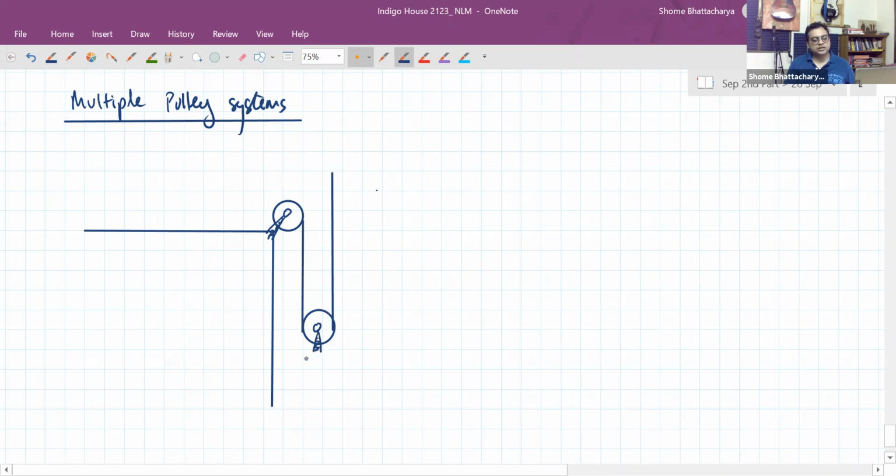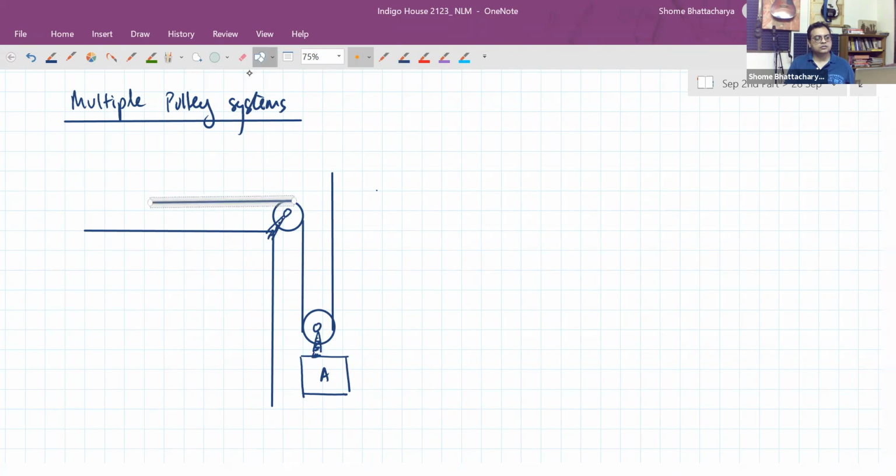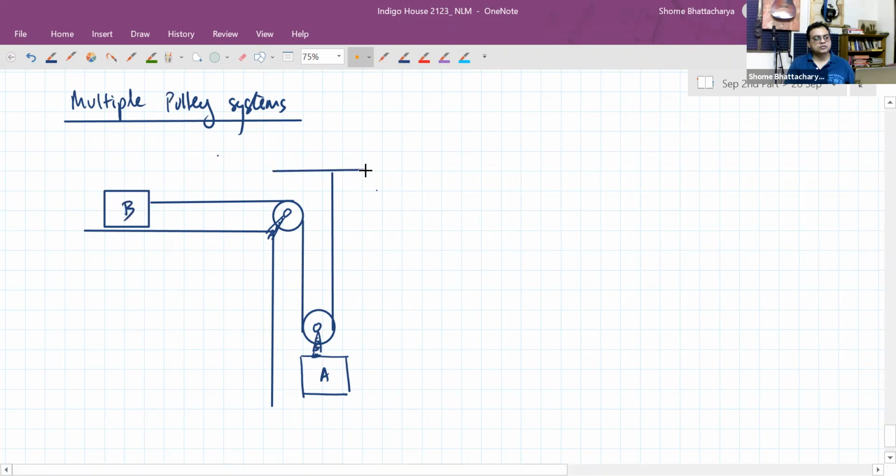So this pulley is actually attached to another object here, let's say A. Okay. And then this is attached to another object, let's say B. Here this is attached to a fixed ceiling. This is a smooth surface.